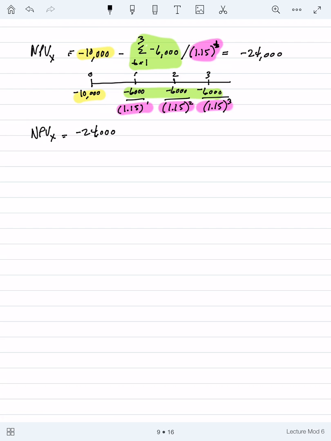Outflows, so minus 24,000. And transform that into its equivalent annuity, okay? So it's only 3 years in its lifespan. So we go from T1 to 3. This is where I'm going to try to calculate EAC of X, right, over 1.15 raised to the T.